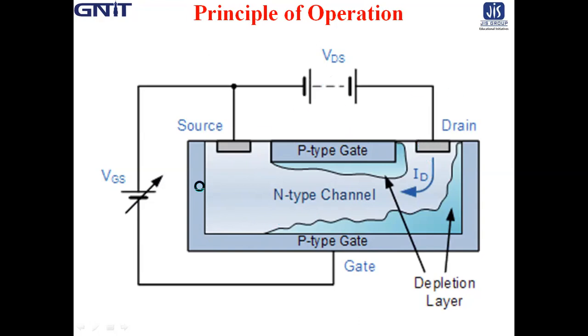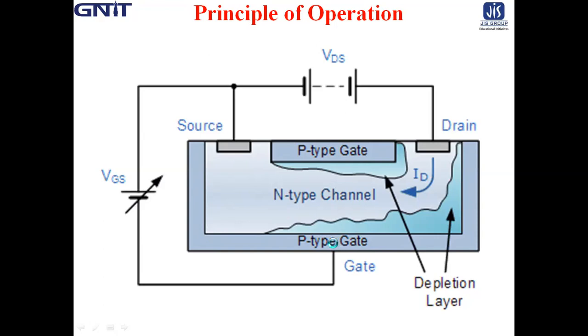See, drain to source. Now, assuming uniform channel resistance, the voltage drop will gradually increase from source to drain end due to the flow of current ID.